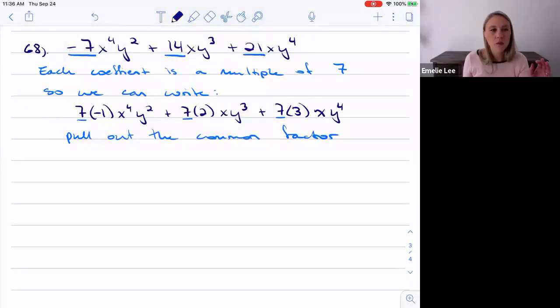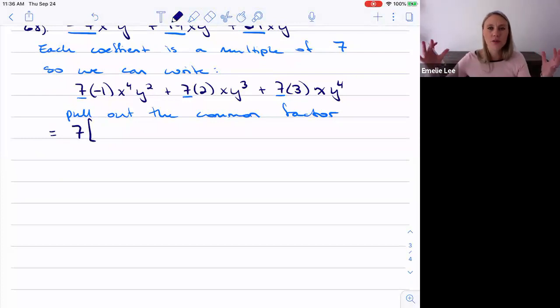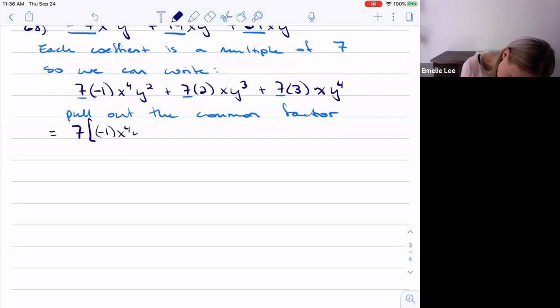Because 7 is multiplying each of these terms, what's equivalent to this is pulling out a 7, and then I'm going to use square brackets just to show that this 7 is multiplying each term inside here: negative 1 x to the fourth y squared plus 2x y to the 3 plus 3x y to the fourth.